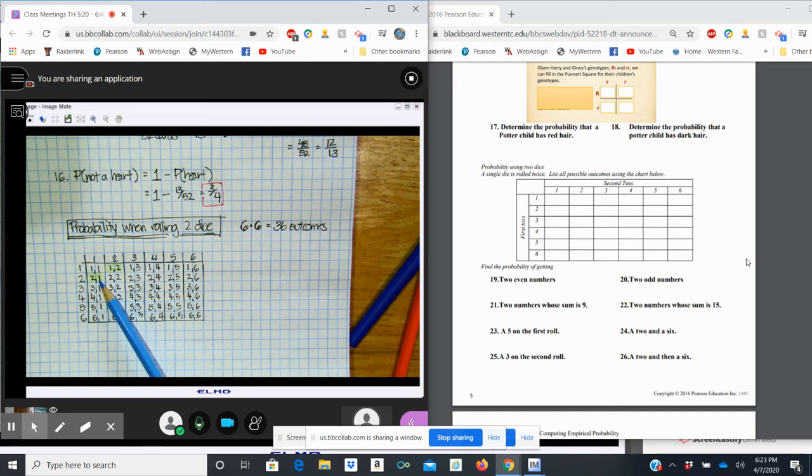Sometimes rolling a 2 and then a 1 is entirely different from rolling a 1 and then a 2. It depends upon the game you're playing and whether or not the order of the die matters. Sometimes rolling a 3 first and then a 1 is a different outcome from rolling a 1 first and then a 3. And again, sometimes it's not.